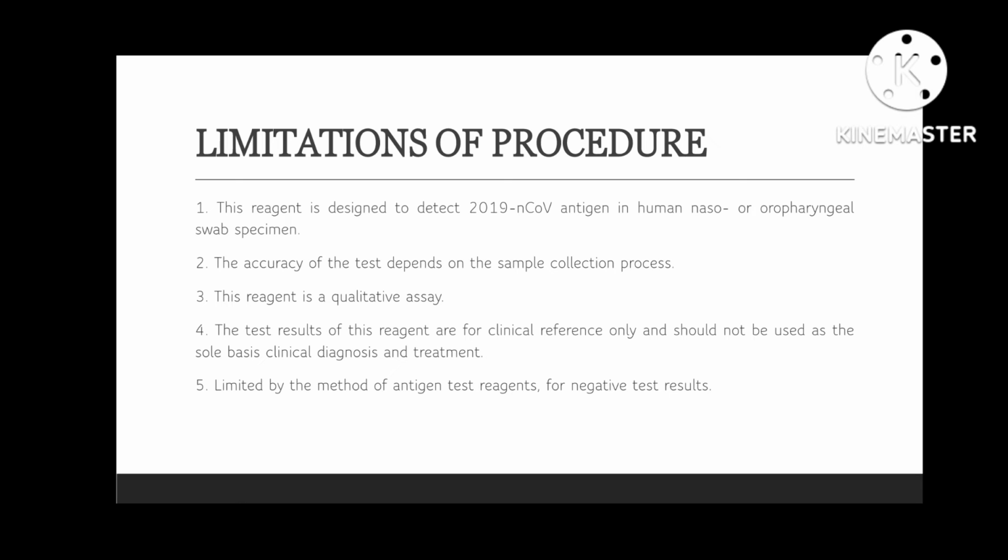For the limitations of the procedure, number one, this reagent is designed to detect 2019-nCoV antigen in human nasopharyngeal or oropharyngeal swab specimens. The accuracy of the test depends on the sample collection process.